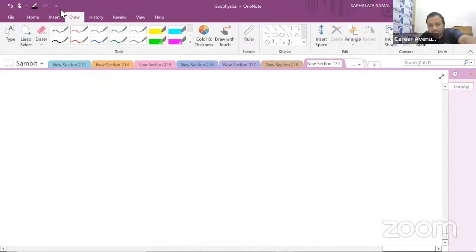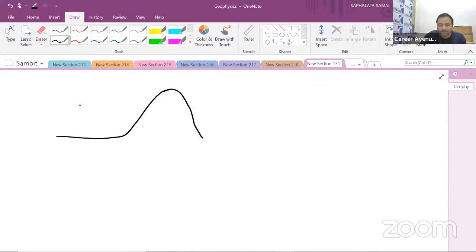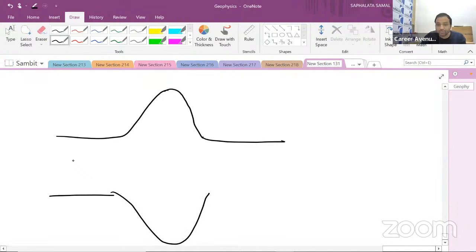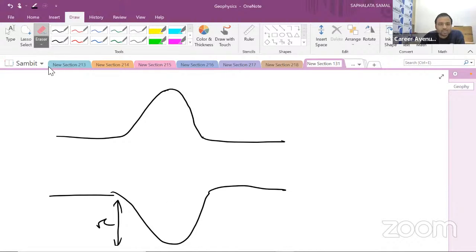So basically, if we have a mountain, let's say a young, newly formed mountain like the Himalayas, there should be a root according to Airy's theory, and the root length, or root height, is this much. We have a definite formula to calculate the root. But since it is a newly formed mountain, the root is not completely formed.